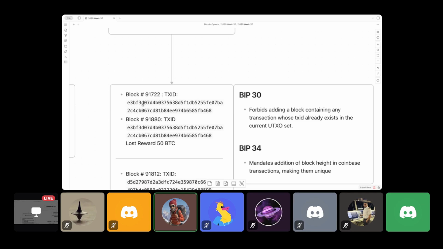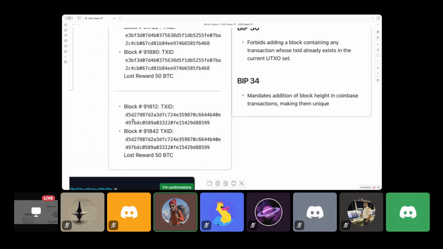So there is no way that you could bring the block 91722 BTC reward back. That is one case, and the other case is similar: blocks 91812 and 91842. Same case: first one TXID was produced, following which the same TXID was produced in another block.